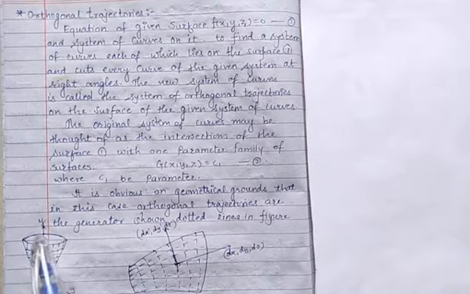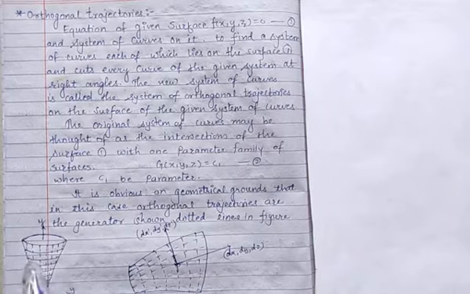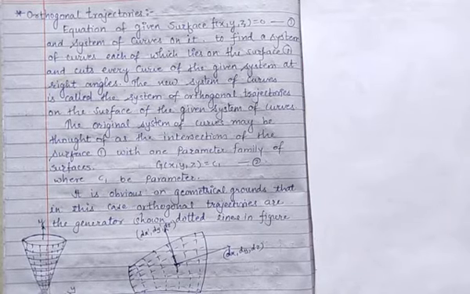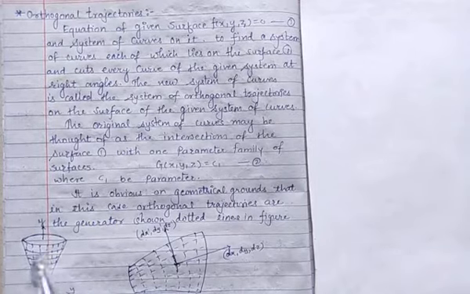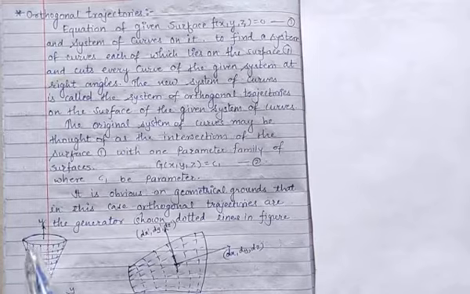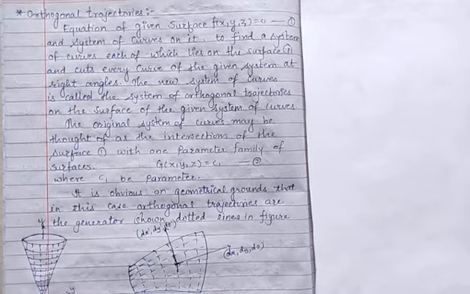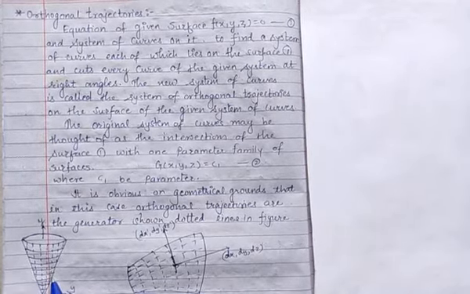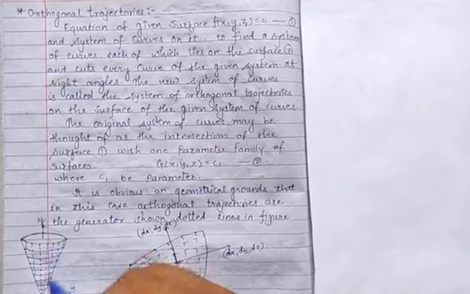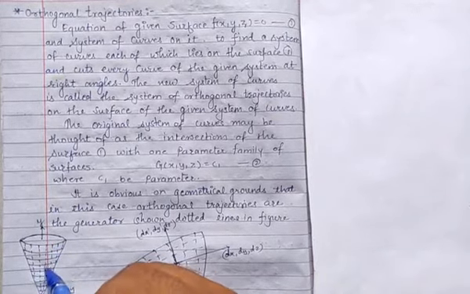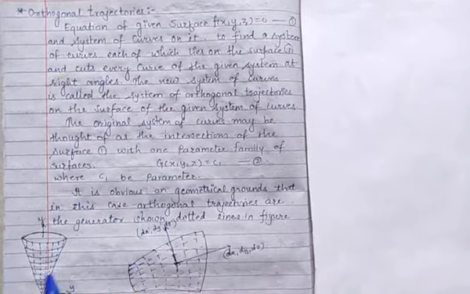So here, this dotted line shows the curve. For different values of c, we get all these curves, and a second curve for this line. So this is the curve f of x, y, z, and for the straight line this is the curve g of x, y, z.